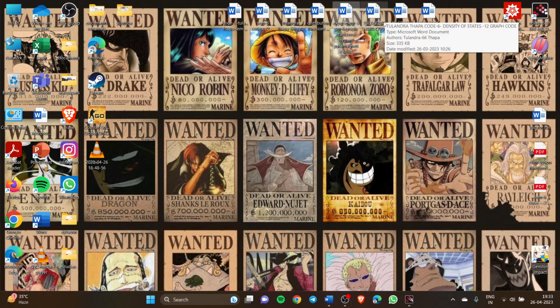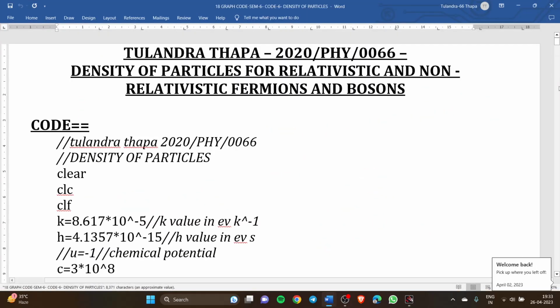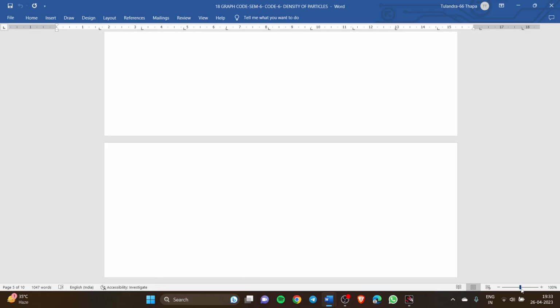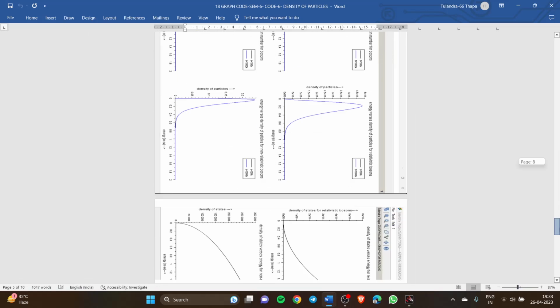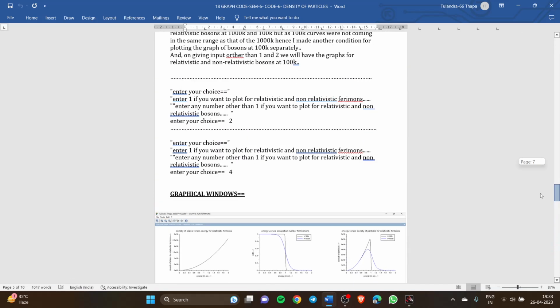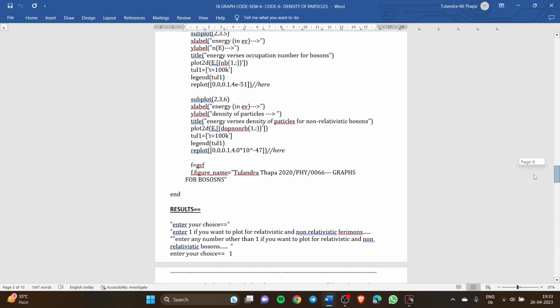So let us see the code for the experiment, the 12 graph code, and this is also 1, 2, 3, 4, 5, 6, 7, 8. So only 7 graphs. So the graph 1 to 8 is the one we have to take. Let us see what I have done in here first, and let us see what changes I have made.